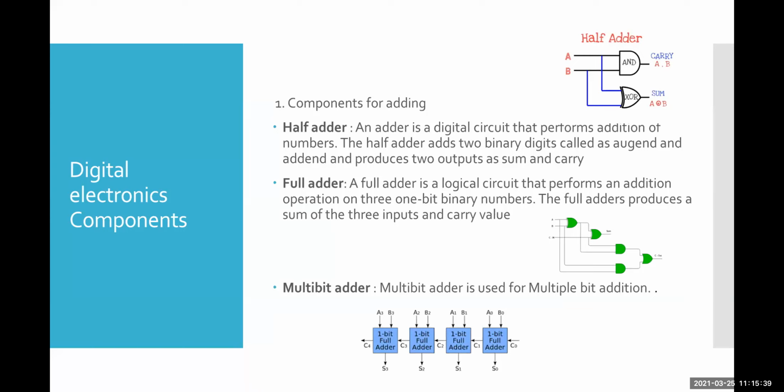A logic gate has one input, like the NOT gate, or sometimes two inputs, like the AND gate. If we want to add input A and input B, it is possible using the adder. If you want to subtract input A and B, it is possible using the subtractor. So the main component is the component for adding.